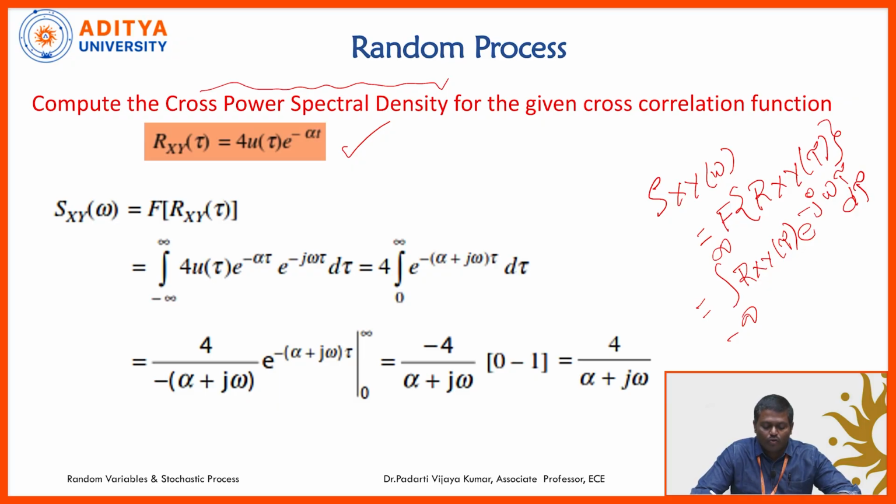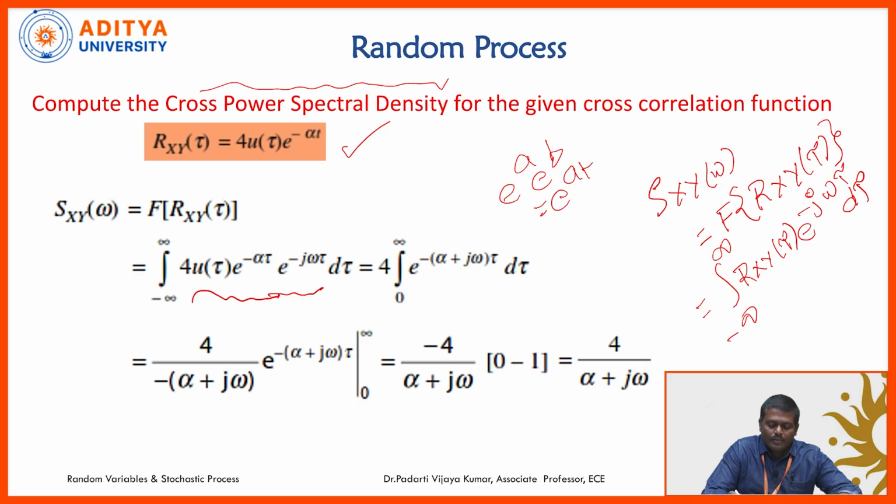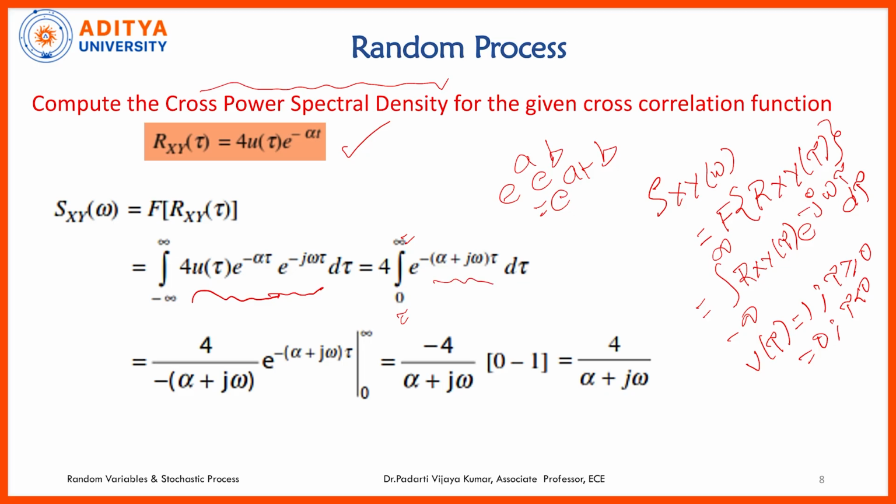So substituting for u of tau e power minus alpha tau and e power minus j omega tau, we know e power a into e power b is equal to e power a plus b. We know that the unit step function is defined only for positive values. So u of tau is equal to 1 for tau greater than or equal to 0, and is equal to 0 for tau less than 0. So 4 into the integral from 0 to infinity of e power minus alpha plus j omega tau, and the integration of e power minus a t is e power minus a t by minus a.